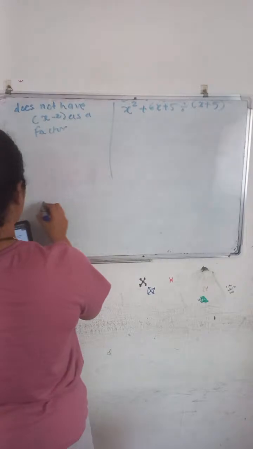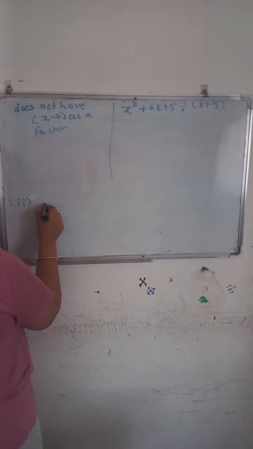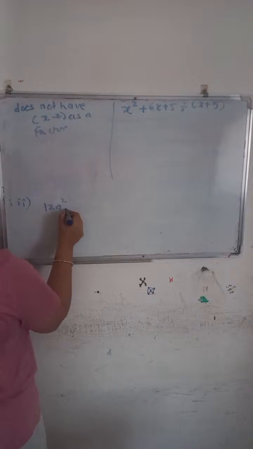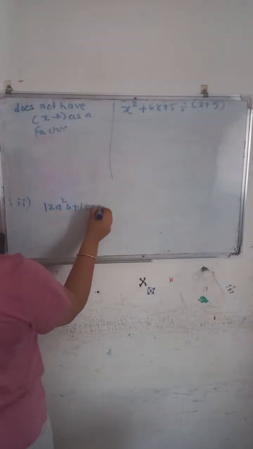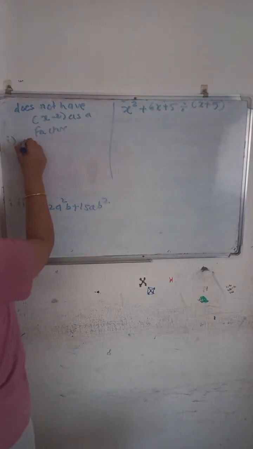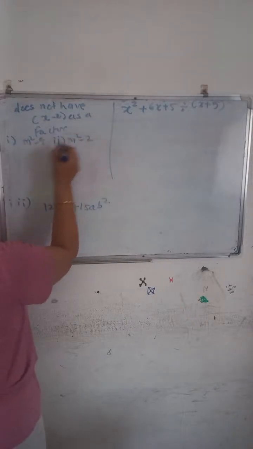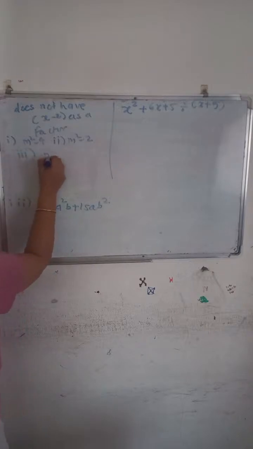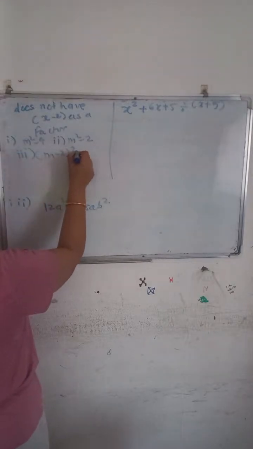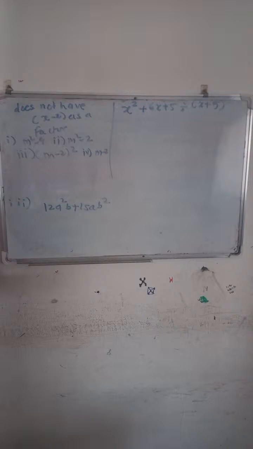And the third question is to factorize 12a square b plus 15ab square. And here they gave options: first m raised to minus 4, second m square minus 2, third (m minus 2) whole bracket square, and last option m minus 2. So these are the questions.